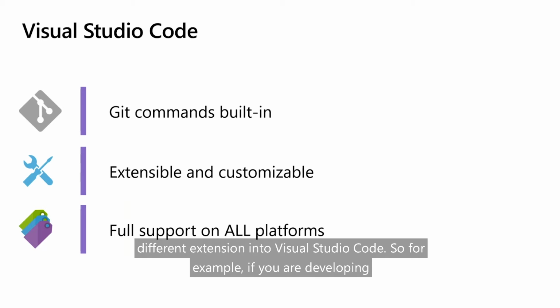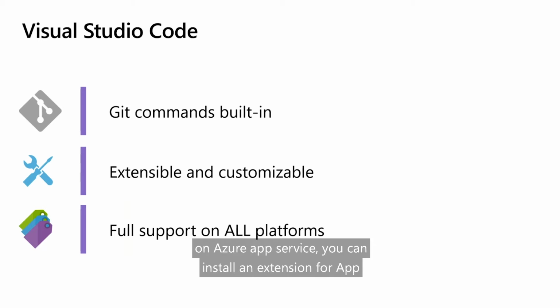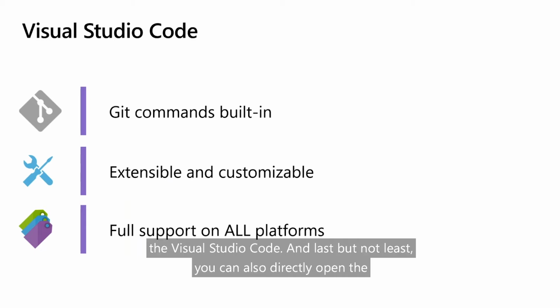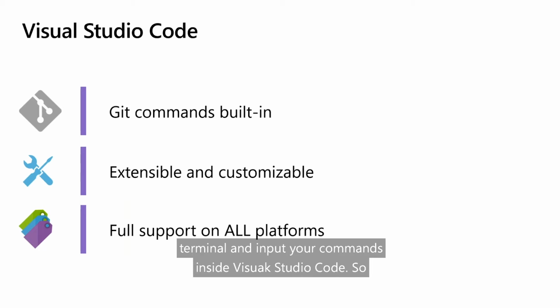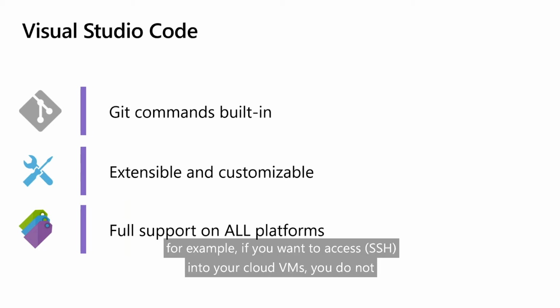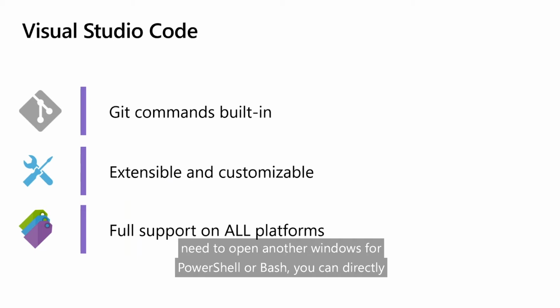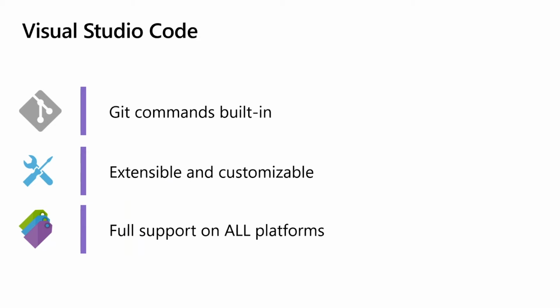For example, if you are developing on Azure App Service, you can install an extension for Azure App Service, then you can directly deploy and monitor your application on Azure. It supports all different kinds of languages or syntax, and there are tons of extensions just for syntax highlighting or for having a better layout for Visual Studio Code. And last but not least, you can also directly run your terminal and command lines inside Visual Studio Code. So for example, if you want to SSH into your cloud VMs, you do not need to open another window for PowerShell or Bash. You can directly do it inside VS Code.